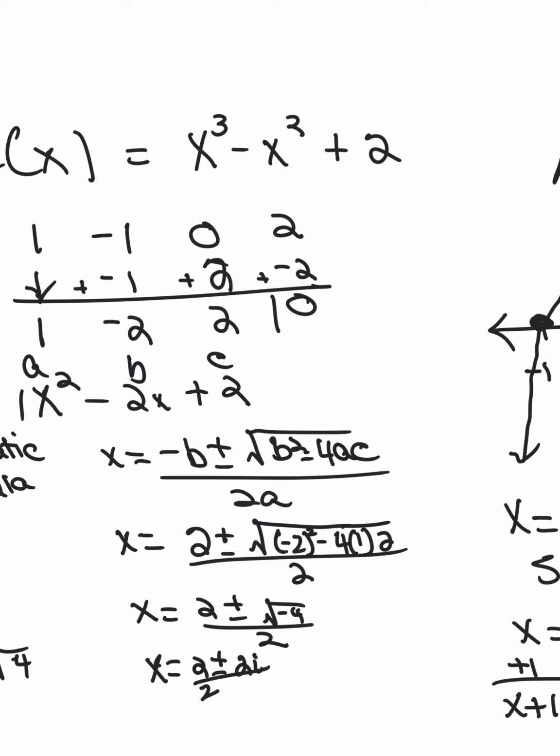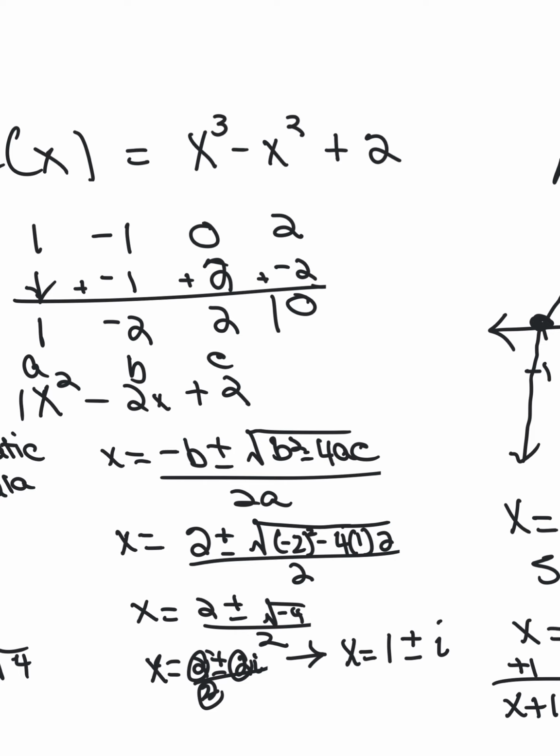I have to simplify because all of the numbers 2, 2, and 2 are divisible by 2, and that gives me x equals 1 plus or minus i. Therefore, we would have answer B as our choice.